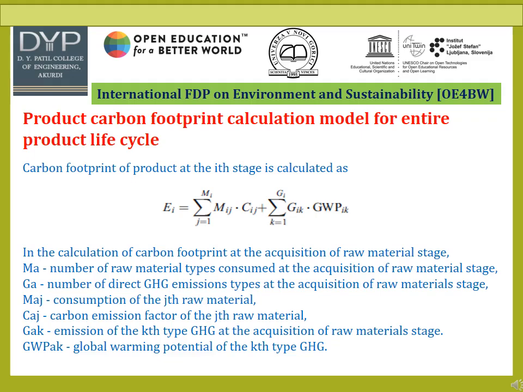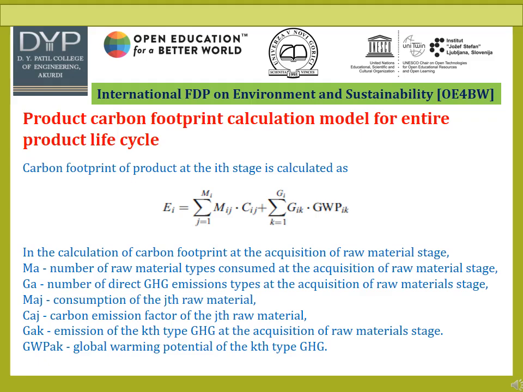Here i represents the stages which we have already discussed. Now we are going to use this formula to calculate the carbon footprint at the acquisition of raw material stage. So we are going to replace i with the term A, where A represents the acquisition stage.